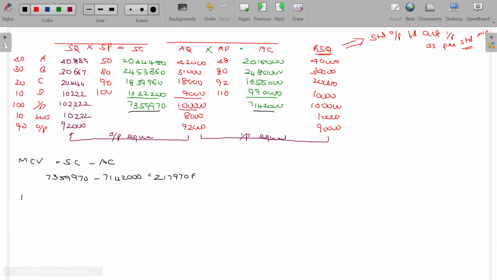Then material price variance: standard price minus actual price into actual quantity. For A, B, C, D, standard price being 50, 80, 90 and 100, actual price 48, 80, 92, 110.